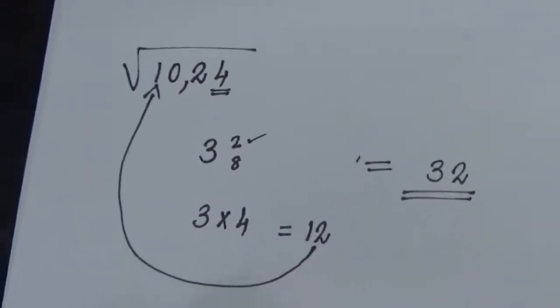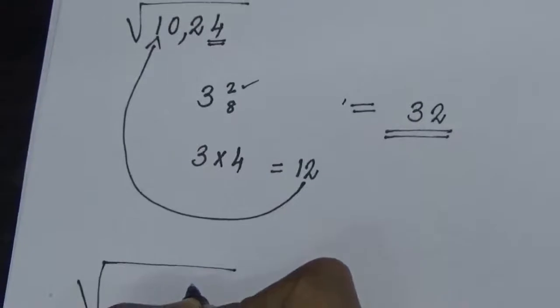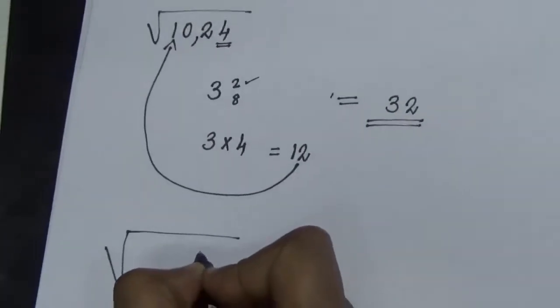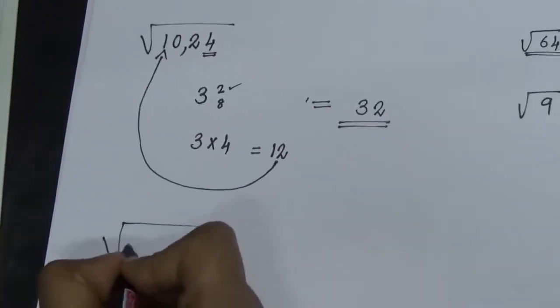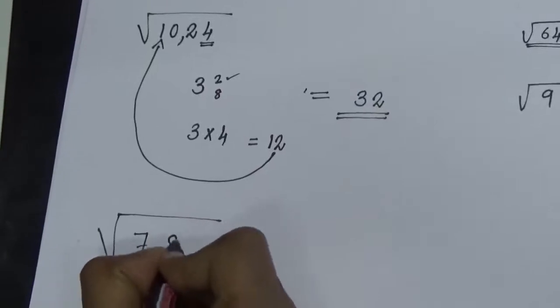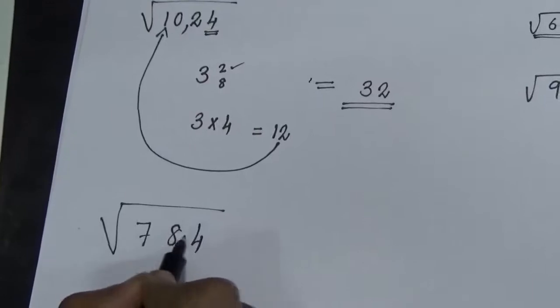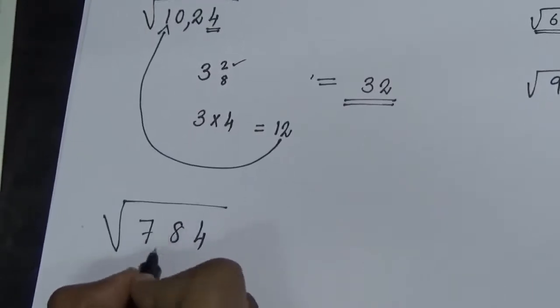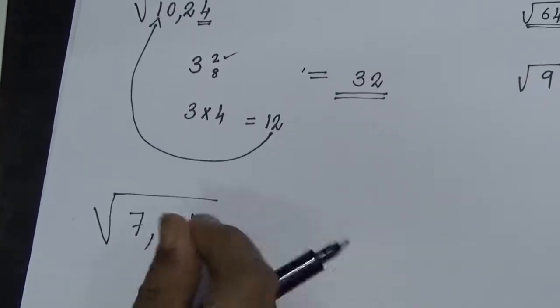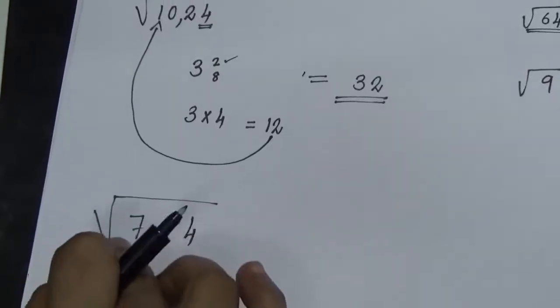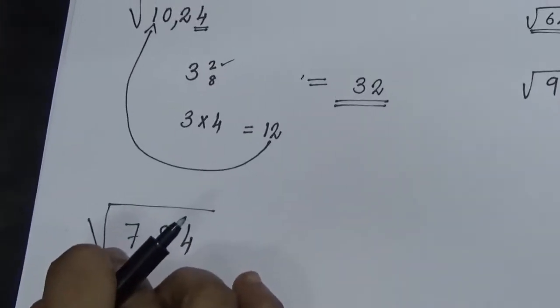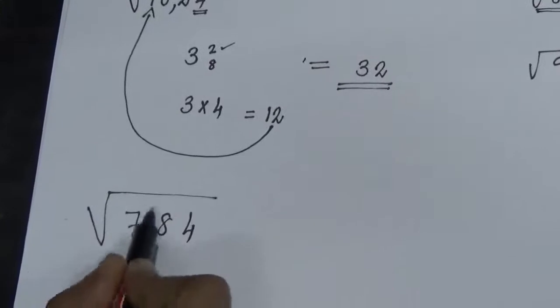One more example. Suppose we need to find the square root of the number 784. From right to left, group the numbers as periods of 2. So we have the first period 84. In the second period we have only one number, that is 7. Consider that number first, that is 7 here.